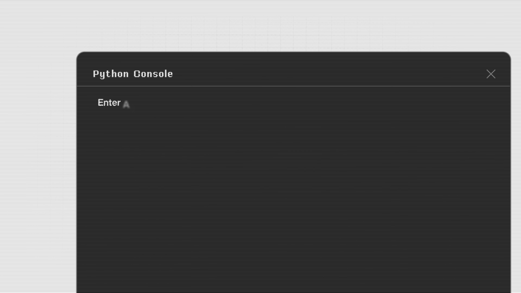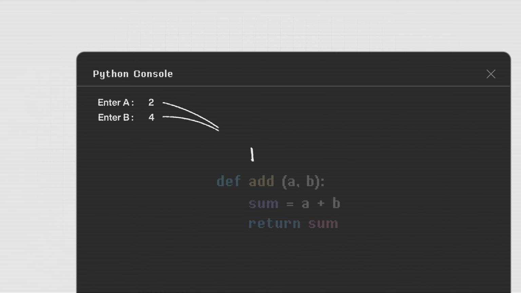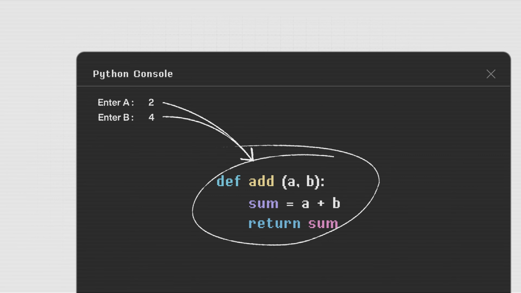Then, whenever we provide two numbers as inputs, for example, a = 2 and b = 4, the computer will take these inputs and put them into the function of addition, that is a + b, and give the output as 6, right? This is how traditional software used to work.